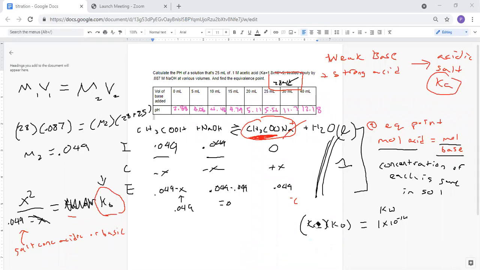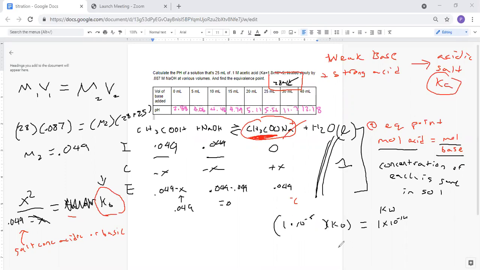So the way we're going to find Kb is by putting in our Ka, which is 1 times 10 to the negative 5. So cool.